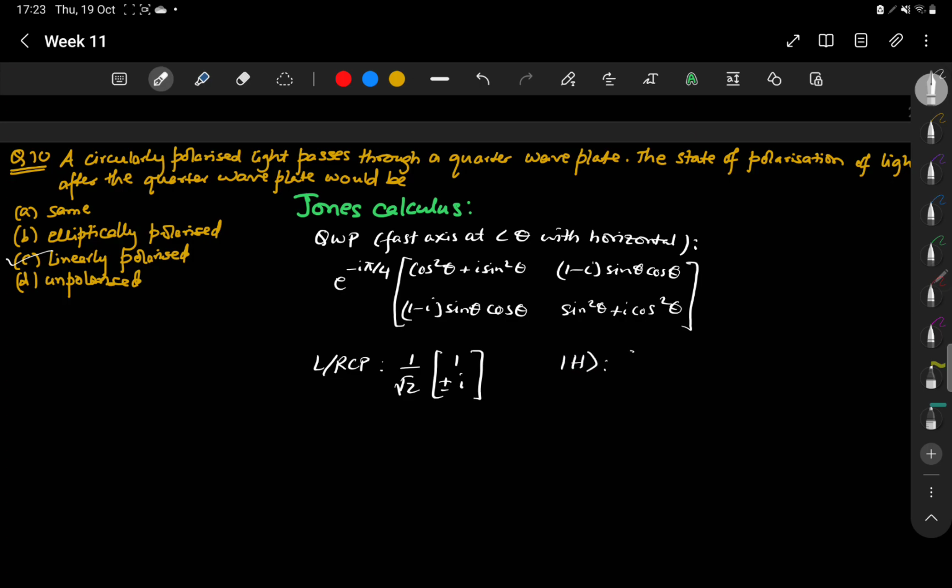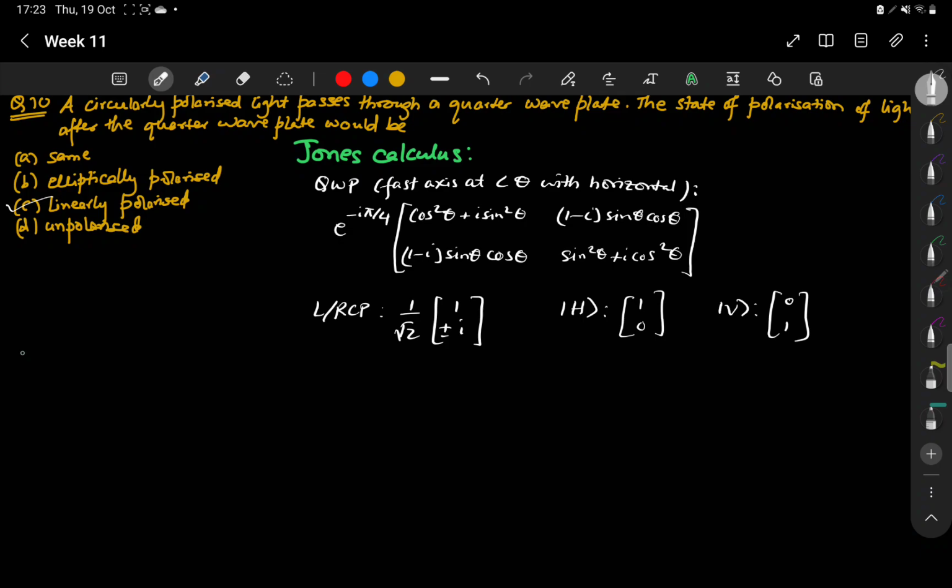For horizontal, the Jones vector is this. For vertical, the Jones vector is 0, 1. Now the output after the quarter wave plate, with circularly polarized light as input, is obtained by taking the quarter wave plate matrix and multiplying it with either the left circular or right circular polarized vector.